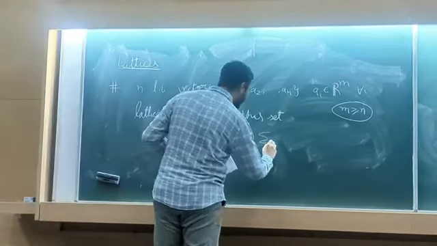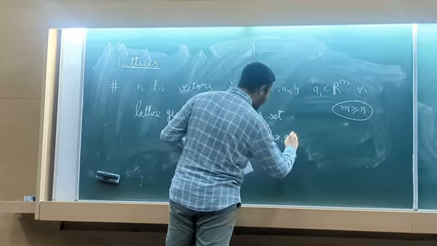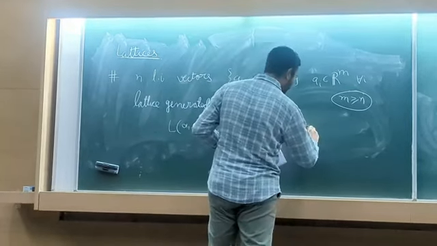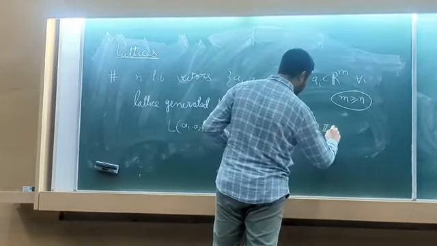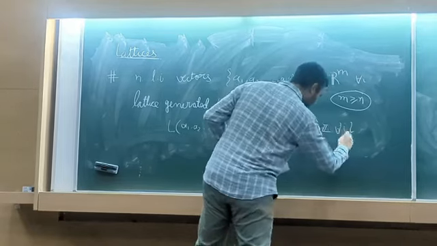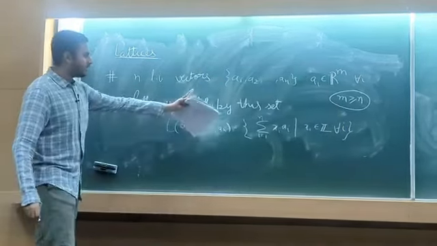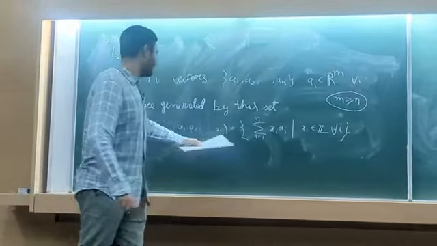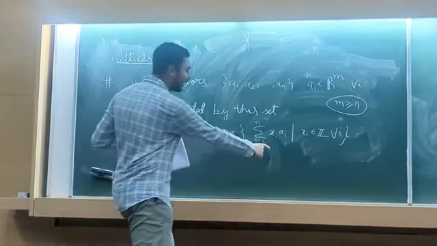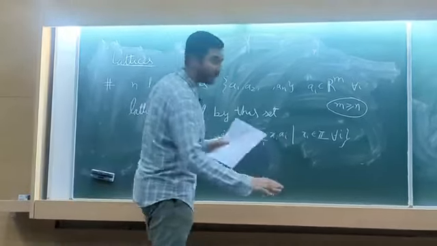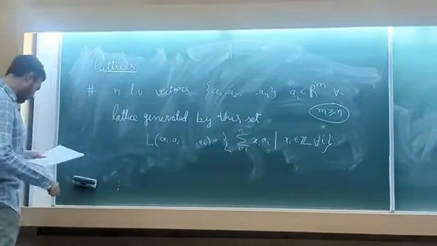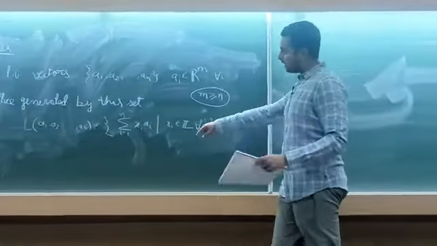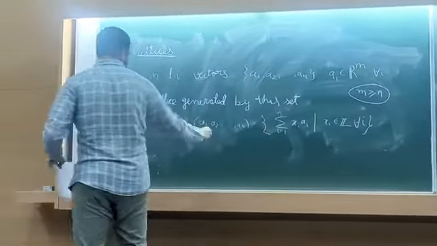So it is the set of vectors that can be expressed as summation x_i a_i, i going from 1 to n, where the x_i's are all integers. So I have some vectors and I am taking integer linear combinations. If I want to say what's the span of this subspace, I typically allow x_i's to be real numbers. I'm not allowing that here, I'm only allowing integers.